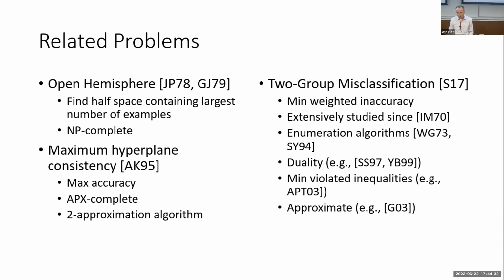In the two-group misclassification problem you have two groups, so it's again binary classification, and what I'm trying to do here is to minimize the weighted inaccuracy of the solution. This has been studied extensively since the 70s and also much more recently than that.